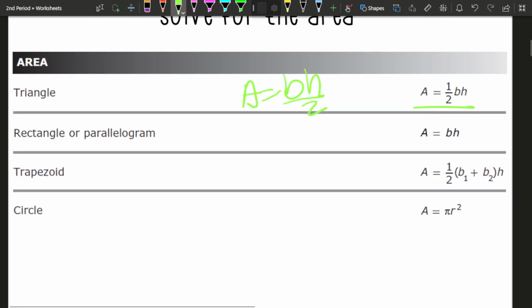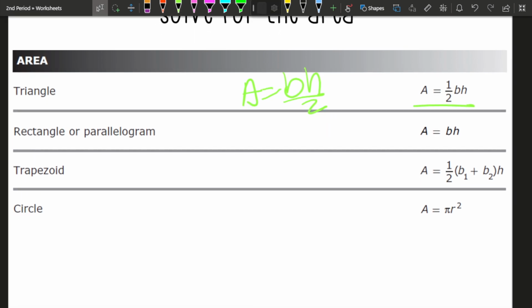And then we also have a formula for a trapezoid, and that's going to be one half, then you're going to multiply that by base 1 plus base 2, then you're going to multiply by the height. We're going to rewrite this formula like this. Base 1 plus base 2, we add that, then we multiply times the height, and then we divide by 2.